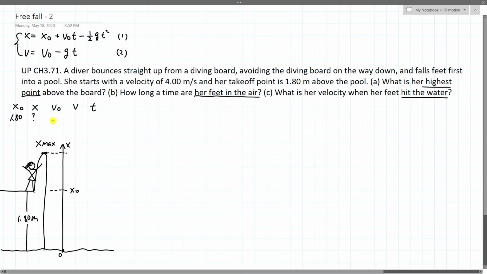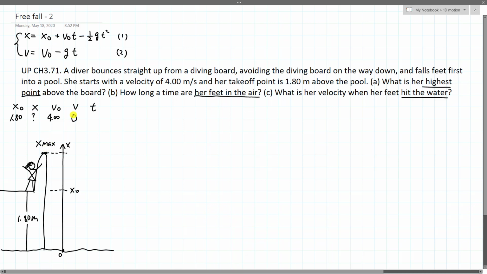And her initial velocity 4.0 must be upward, right? 4.00 meters per second. So her final velocity at the maximum height, well, we weren't given that, but if you think about this a little hard, then you may realize, oh, her final velocity must be 0, because otherwise she would still be going up, and whatever maximum height is not the maximum at all.